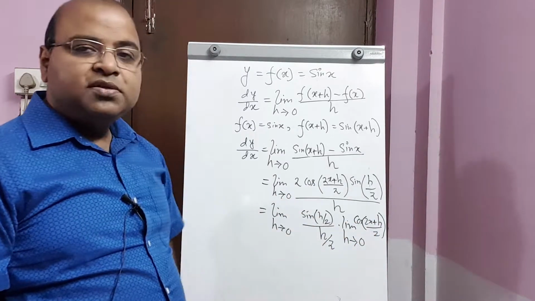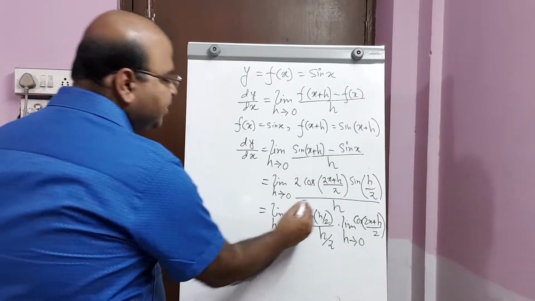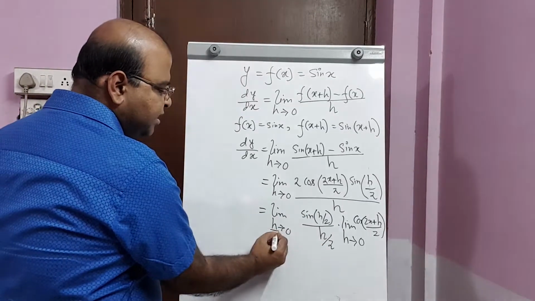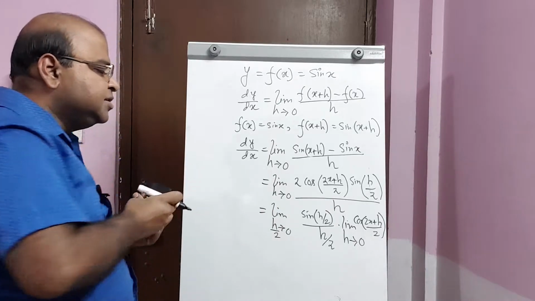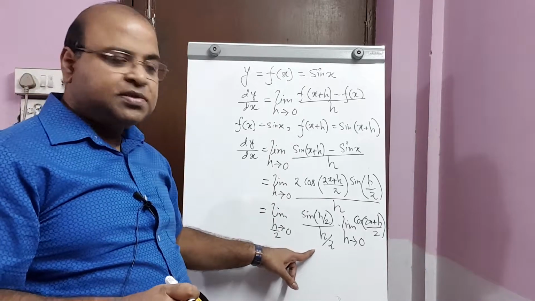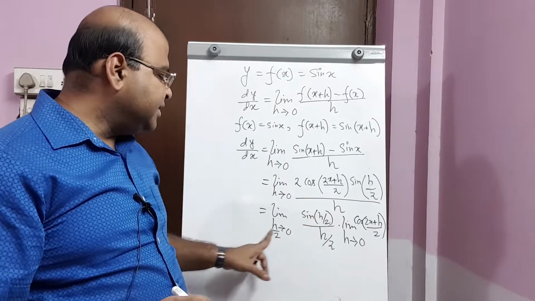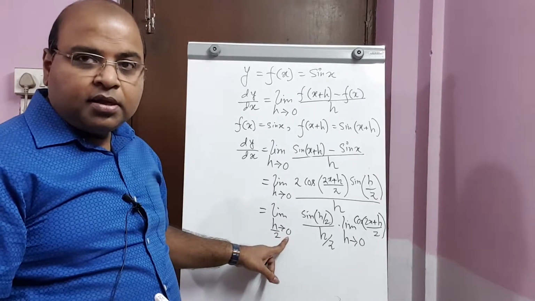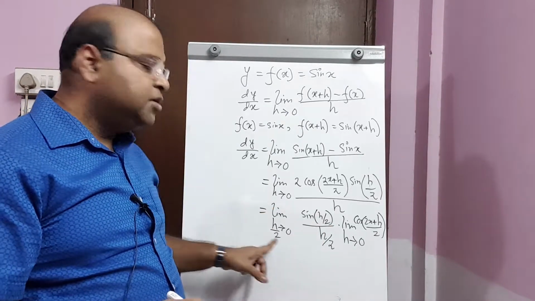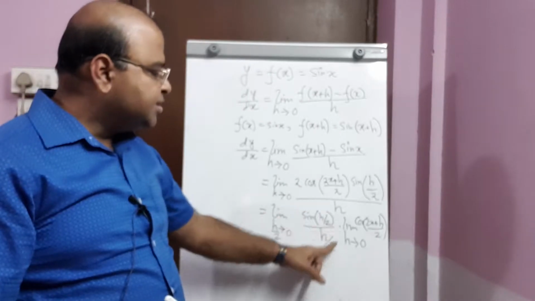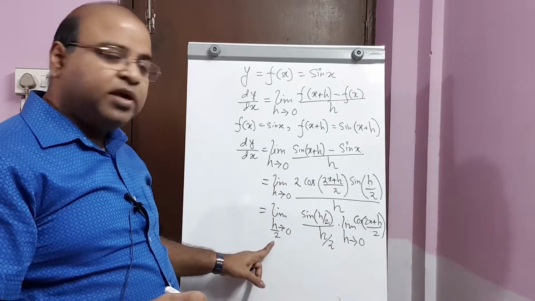So as we know that this limit is 1, we can also write h by 2 tends to 0 instead. So this is the standard form of trigonometric limits. Limit of sin x by x, x tends to 0, equal to 1. I hope that the students have the basic knowledge of limits here. So this is the standard form of trigonometric limit. This is 1.